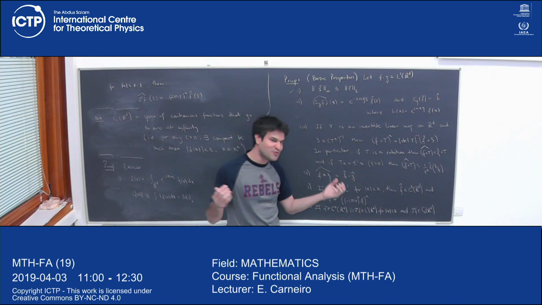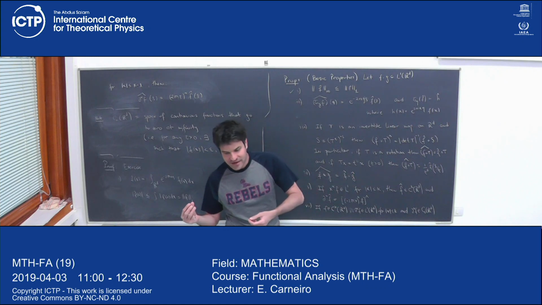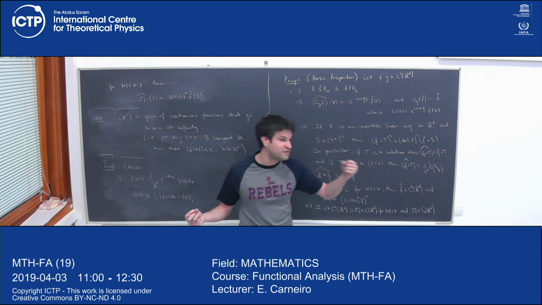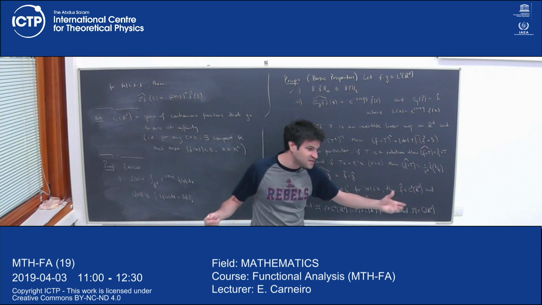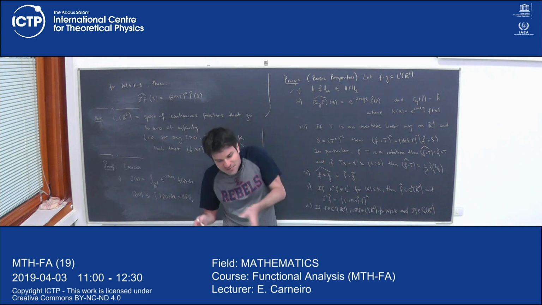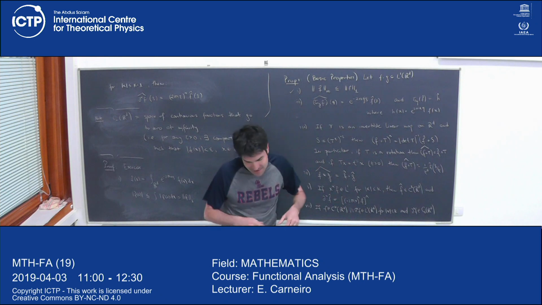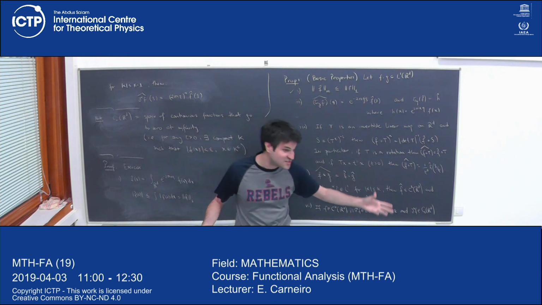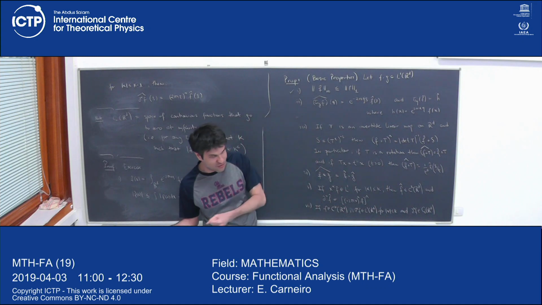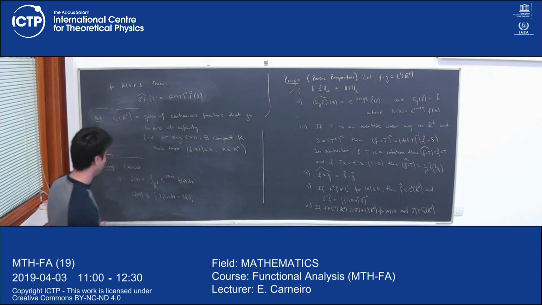Sometimes when people work with the Fourier transform, they refer to physical space and Fourier space, or physical space and frequency space. They have different names for the space where f is acting and the space where f hat is acting. Whatever name you prefer, let's just call it physical space and frequency space. It will take translation in one space into modulation on the other side.